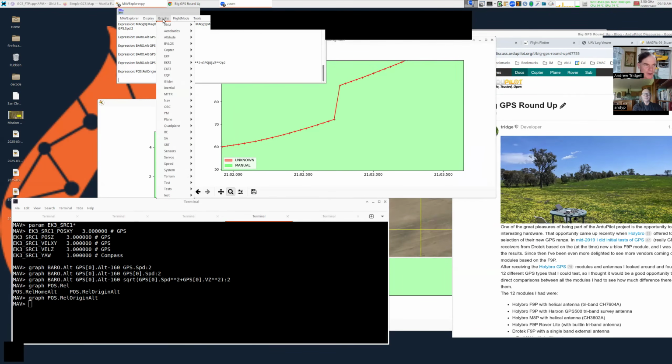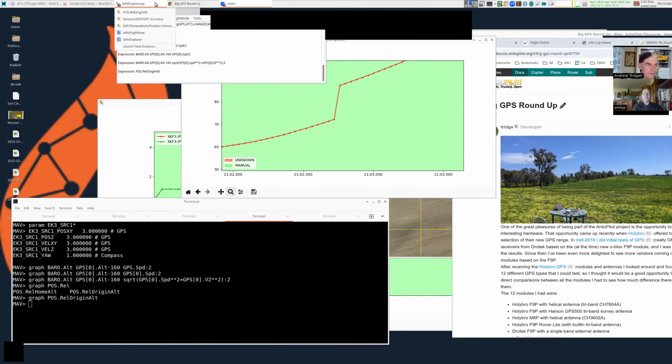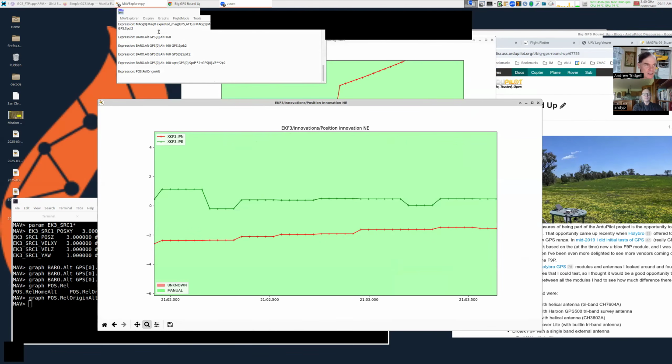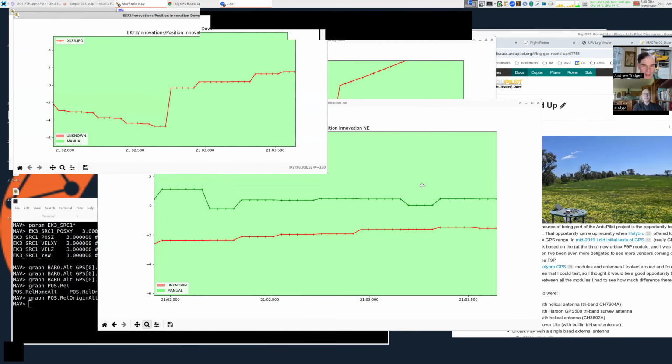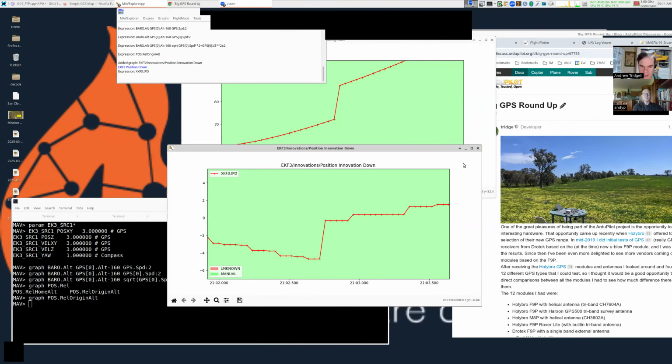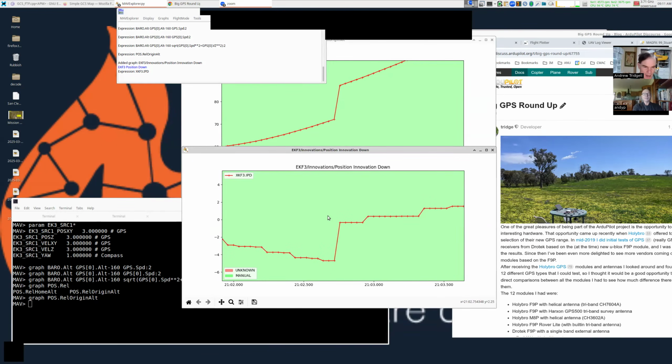The reason this happens is the EKF. We had those innovation graphs at the beginning, these position innovations, so let's look at the vertical position innovation, position innovation down. What we see is that it was developing quite a significant vertical position innovation of like 4 or 5 meters.